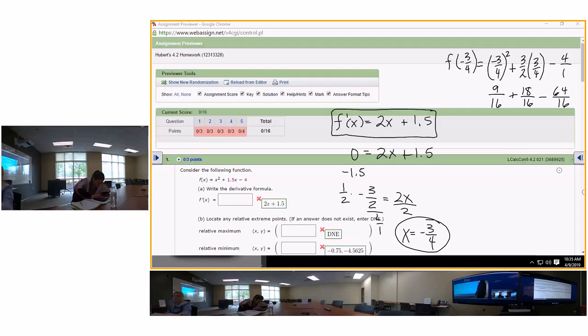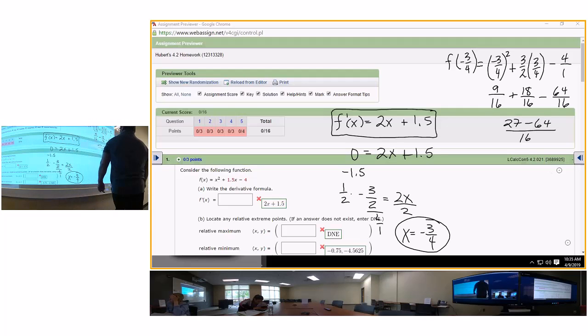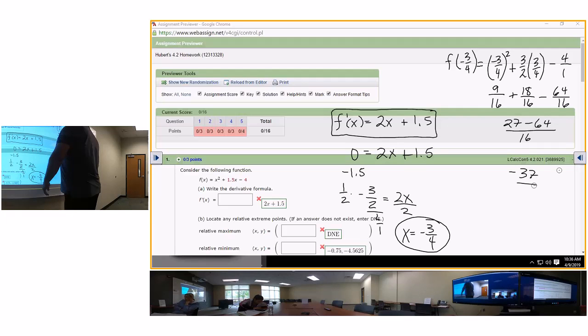And what's 9 plus 18? 27 minus 64 over 16. And 27 minus 64 is negative 37. So negative 37 over 16.